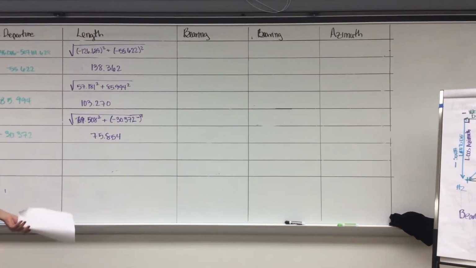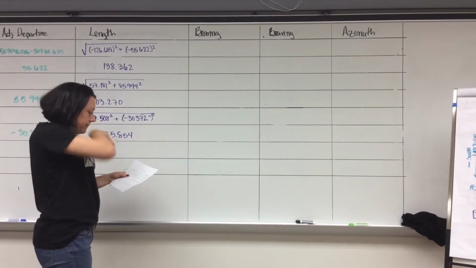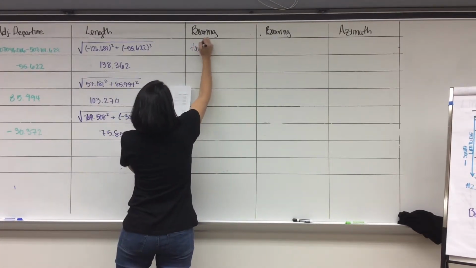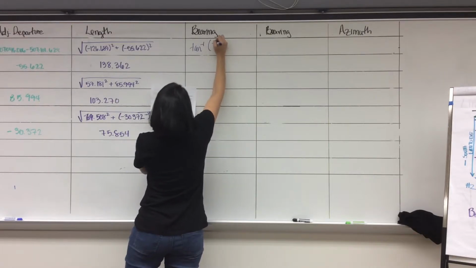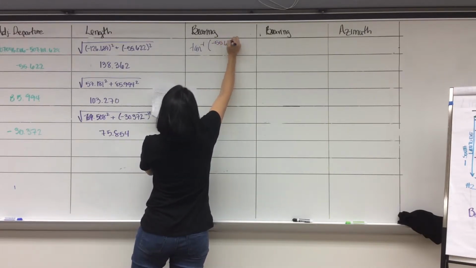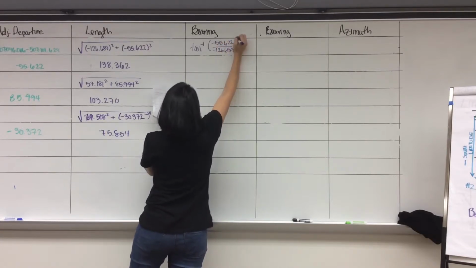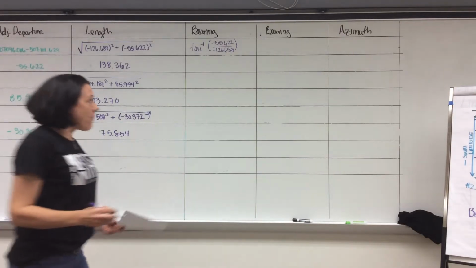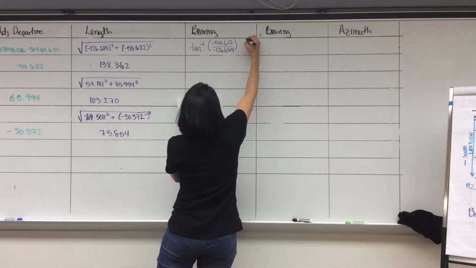All right. So I'm going to write tangent inverse of negative 55.622 over negative 126.689. Now, the negatives don't really matter in this equation, except it's telling me that it's west and south.